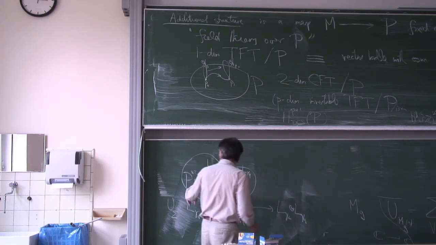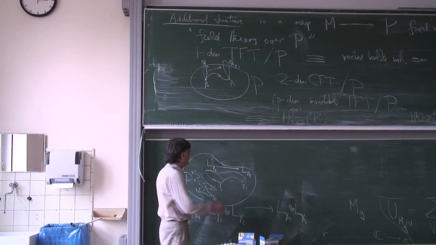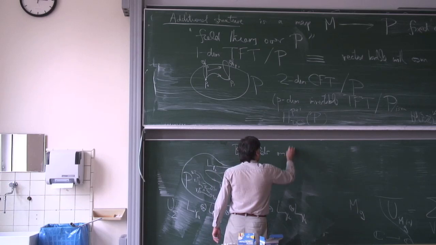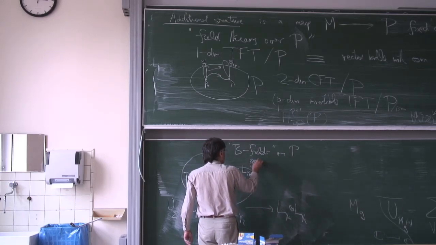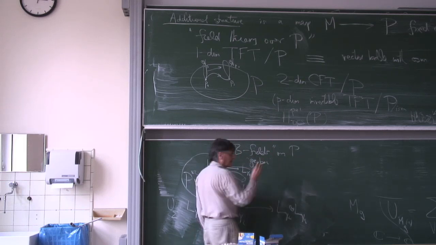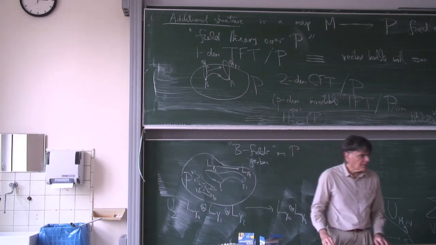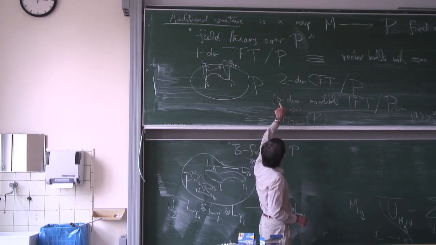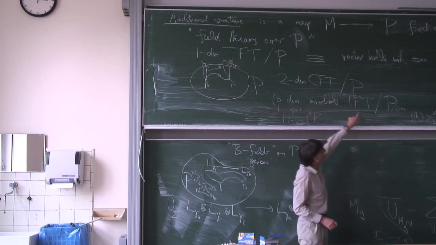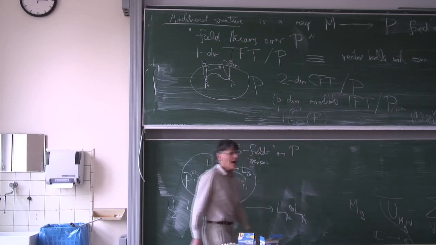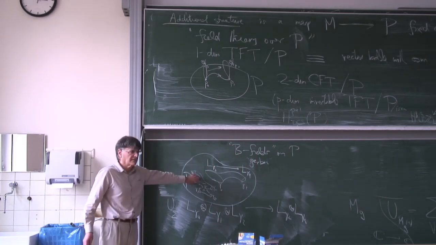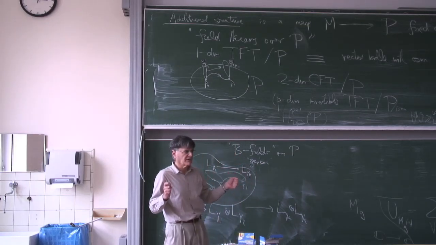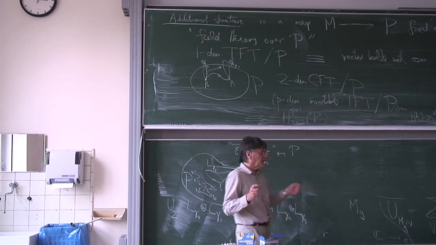So these things in the case of P equals 2 are often called B-fields. A two-dimensional invertible topological field theory of B. Their main invariant is an integral three-dimensional topological class.